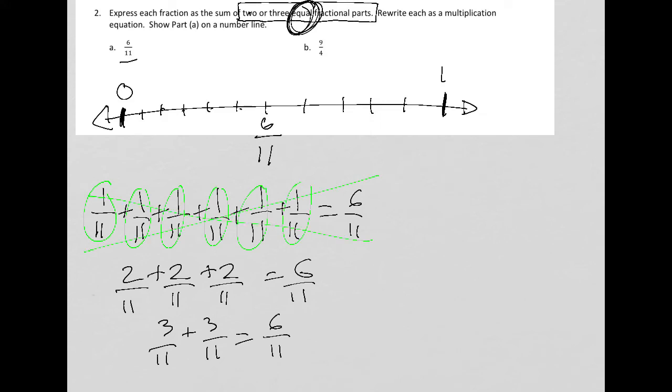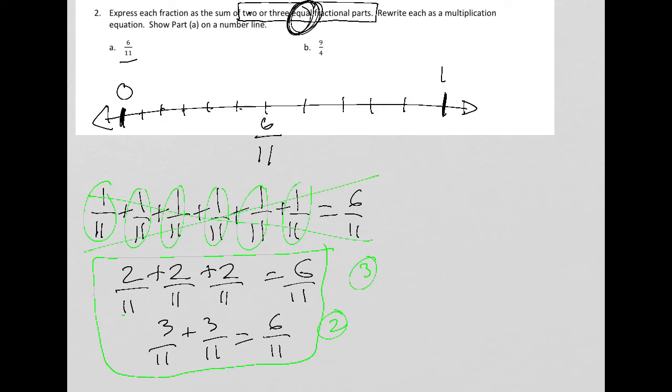But 2/11ths plus 2/11ths plus 2/11ths is 3 parts, and 3/11ths plus 3/11ths is 2 parts. So either of these two answers could work for part A, because 2/11ths plus 2/11ths plus 2/11ths is 3 equal fractional parts, and 3/11ths plus 3/11ths is 2 equal fractional parts.